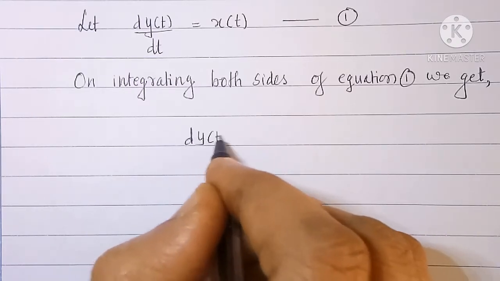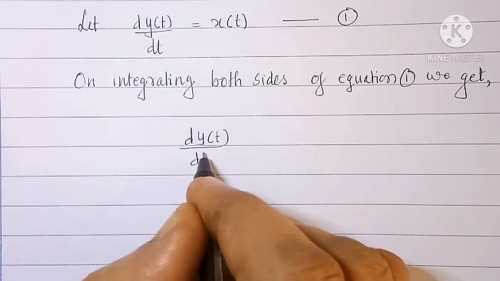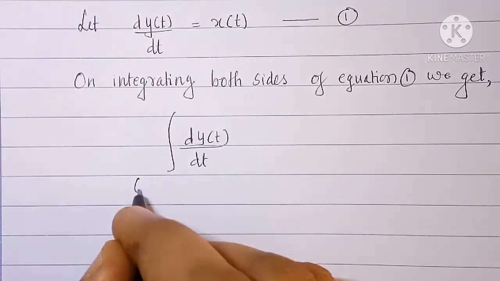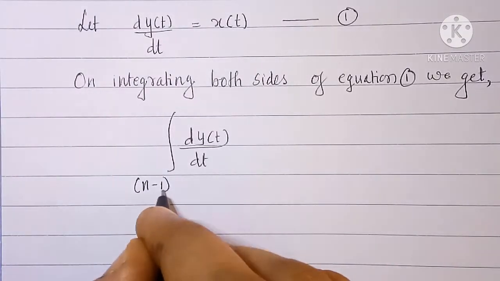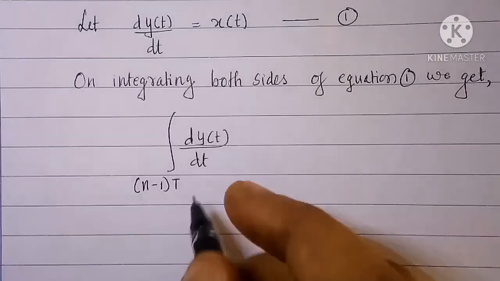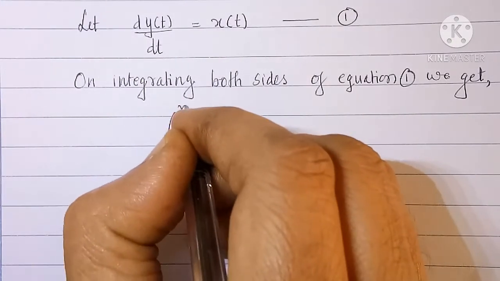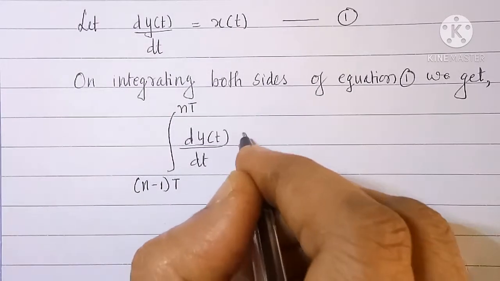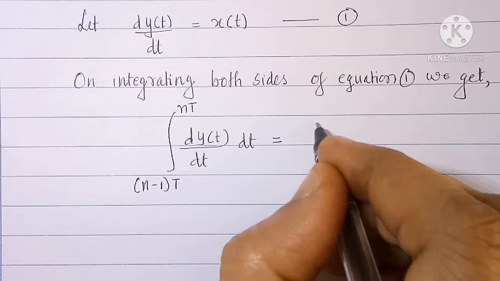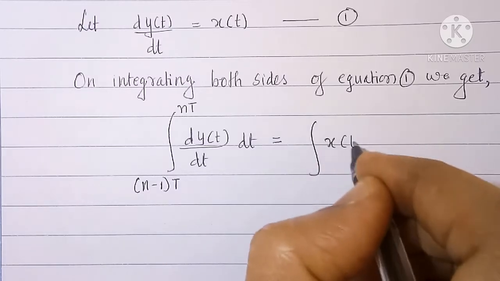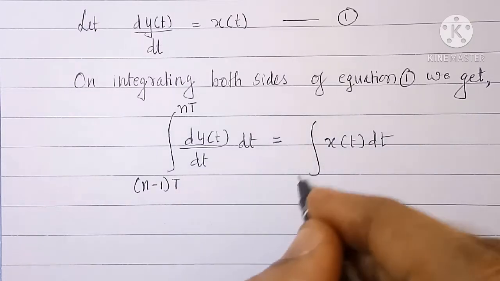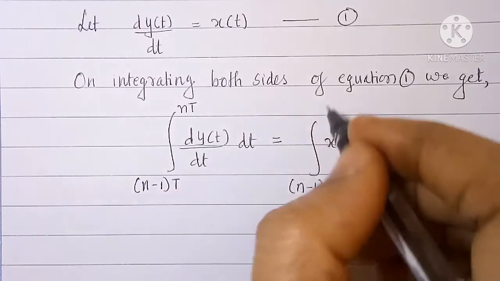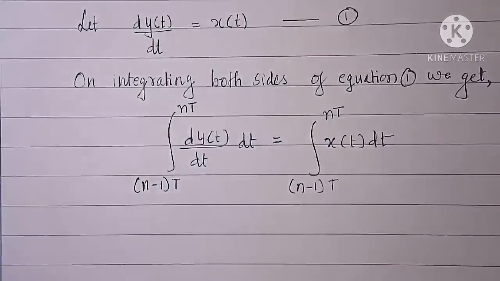So the integration of dy of t by dt over the limits n minus 1 into T to n into T, dt, equals the integration of x of t dt. Limits of integration are once again n minus 1 into T to n into T.